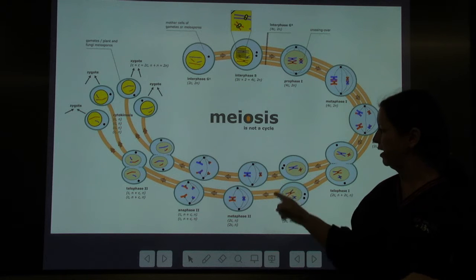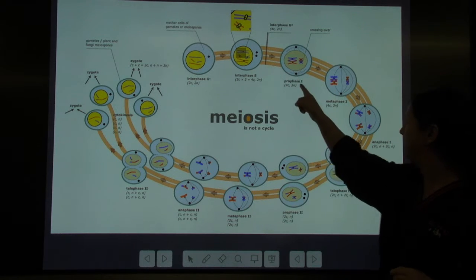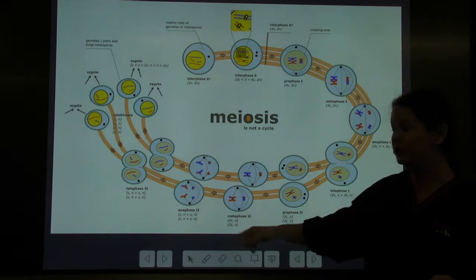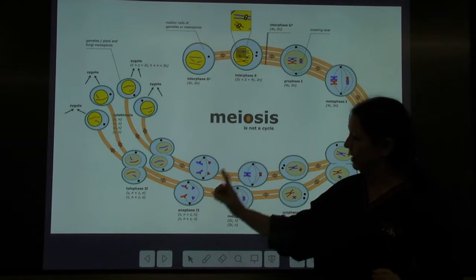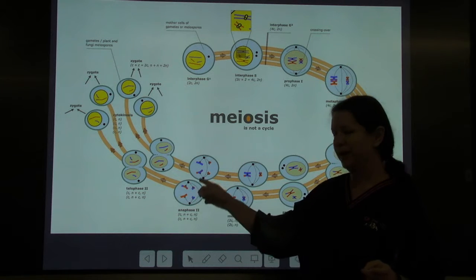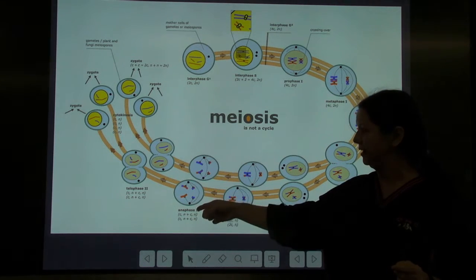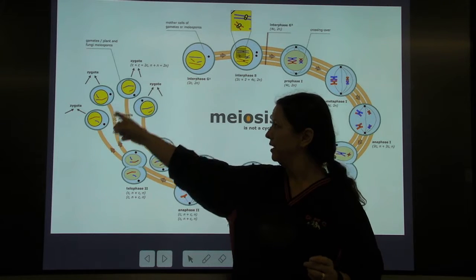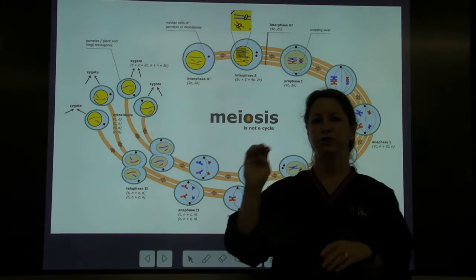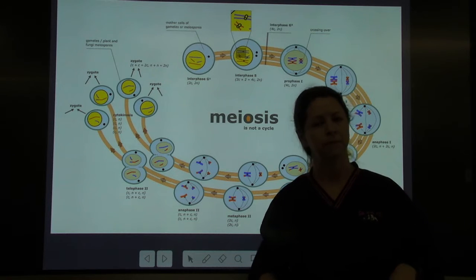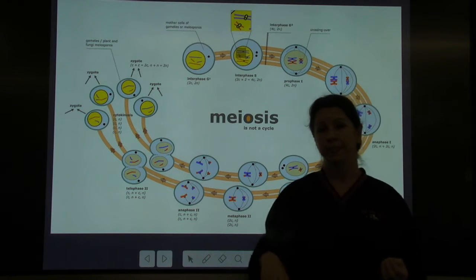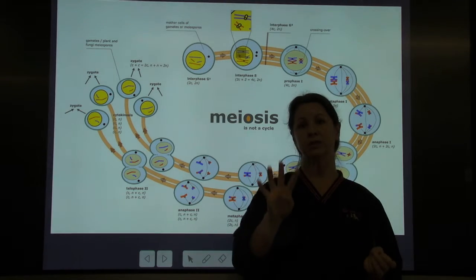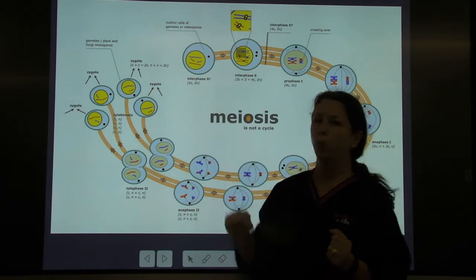So it goes through it again. Notice prophase 1, prophase 2, metaphase 1, metaphase 2, anaphase 1, anaphase 2. They're actually separated from each other finally. And you get your telophase 2 where you get your new nucleus. And then you have cytokinesis that gives you the 4 different cells. Again, the key is with this, see how your original cell had 4 chromosomes in it? 1, 2, 3, 4.